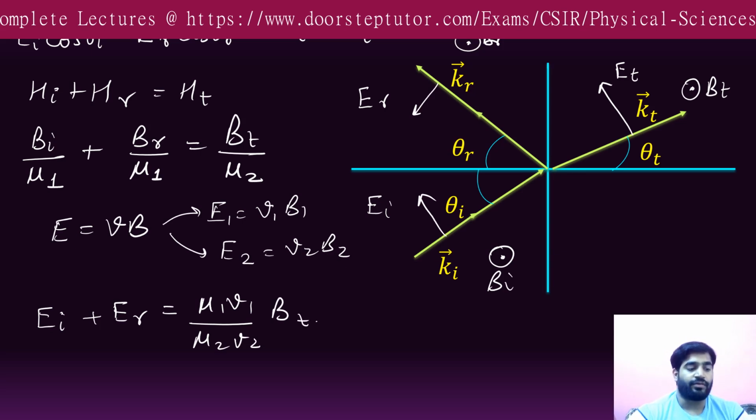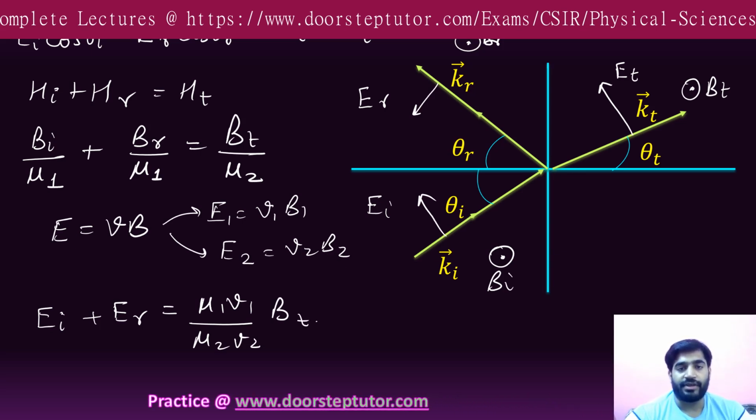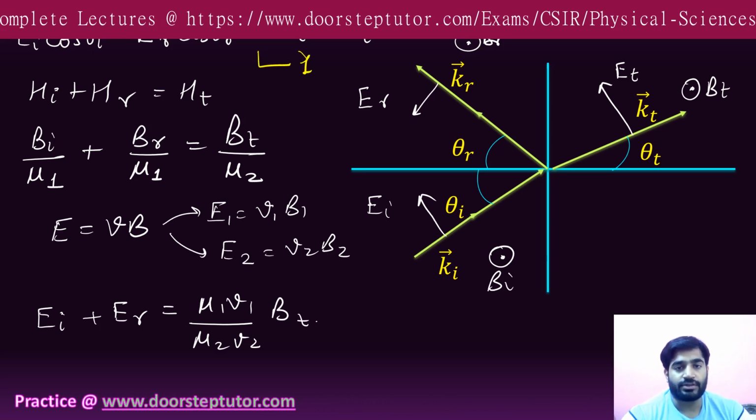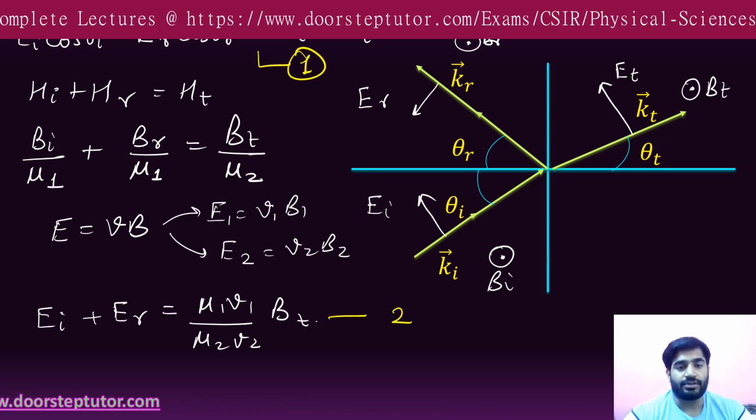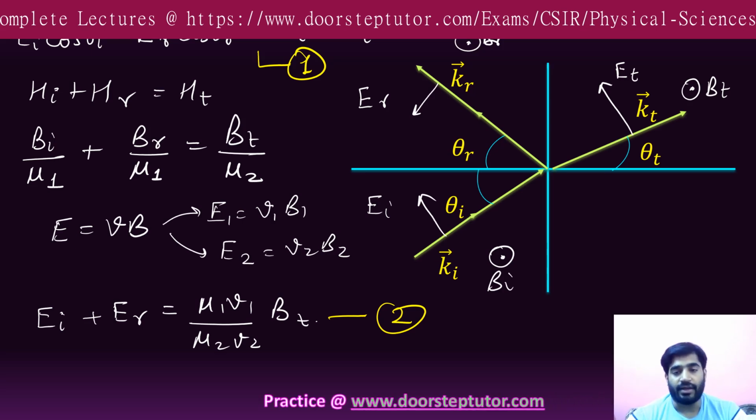This is what we have. Clear? So we have two equations. This one is the first equation, this is the second equation. Just solve this and you will get the results, that is, the ratios ER by EI and ET by EI.